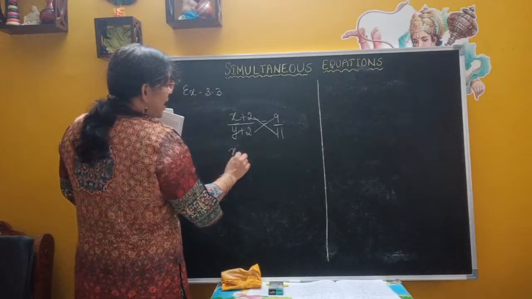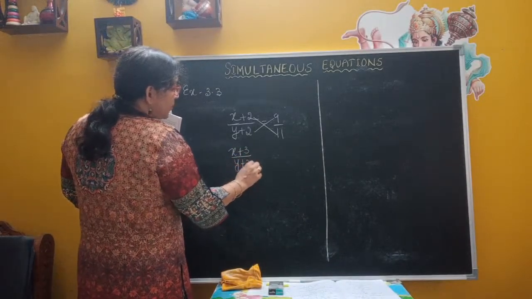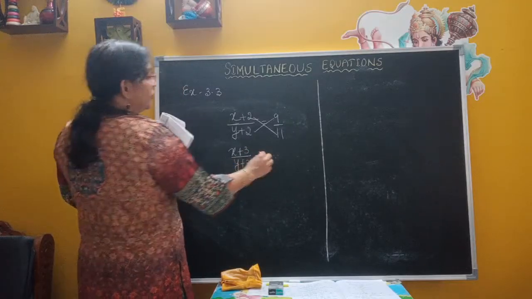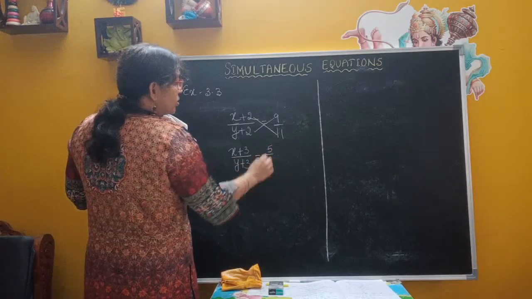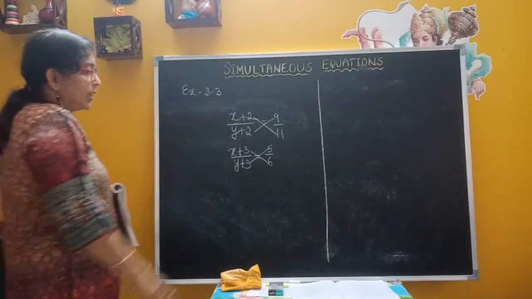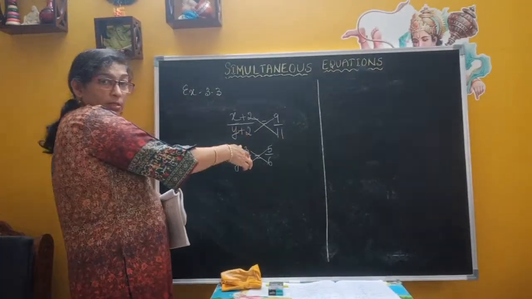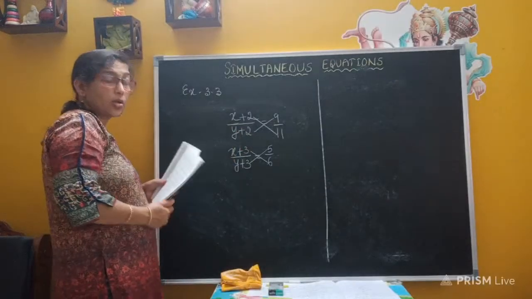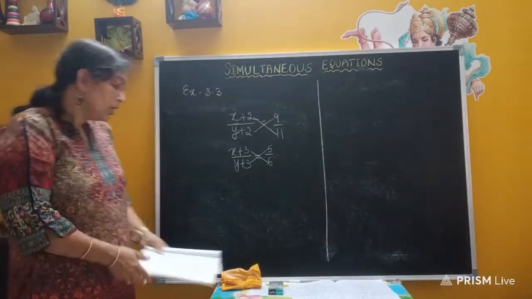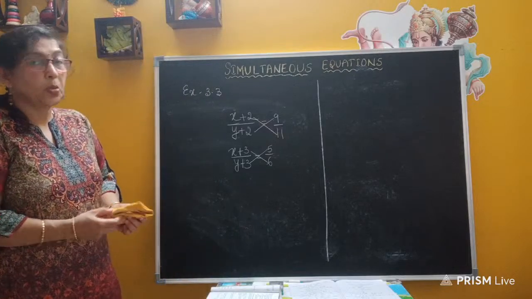So 3 is added in the second case: (x plus 3) by (y plus 3) is equal to 5 by 6. Here also cross multiply and simplify. You will get a linear equation in two variables. So you get two equations from this, and by this you can solve them. This is the way of framing the equation. Now let us go for the sixth problem.